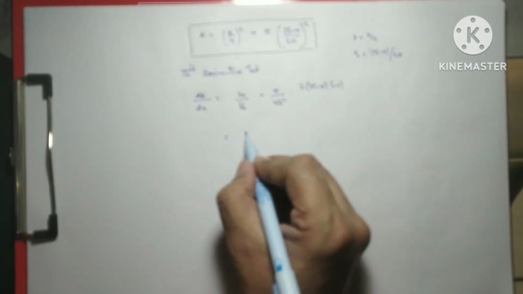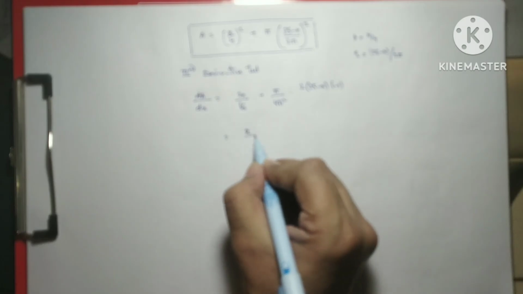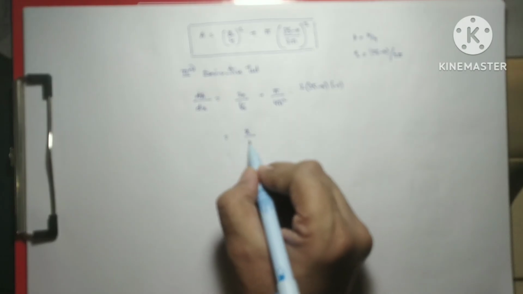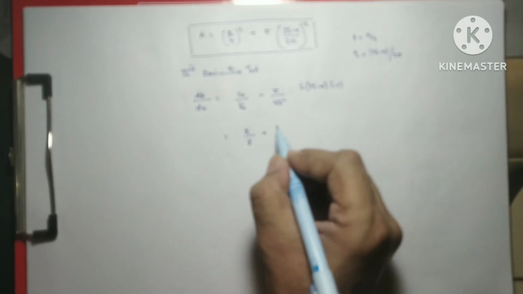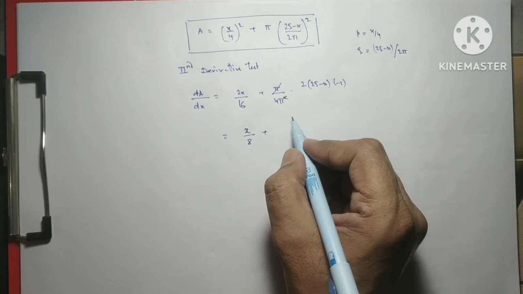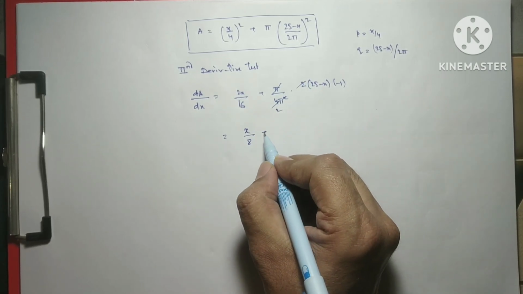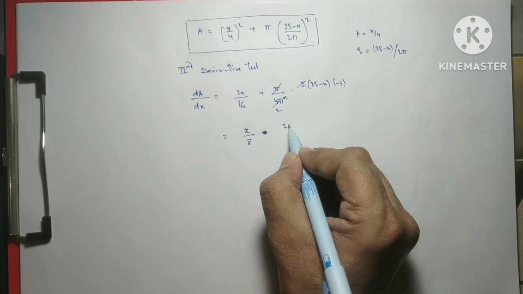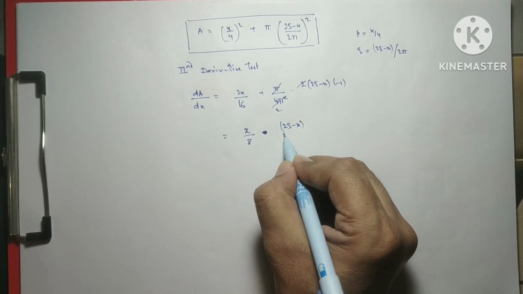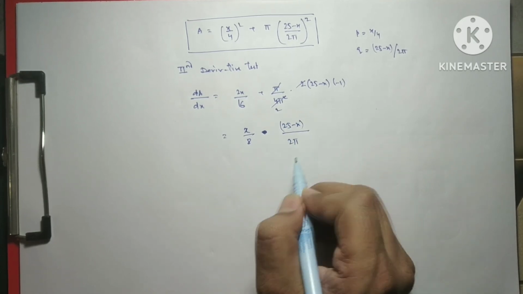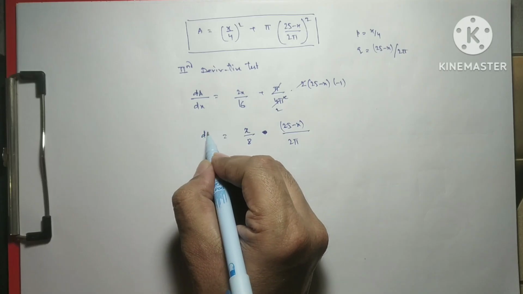So you get 2x over 8 minus 25 minus x over 2 pi. So this is the first derivative.